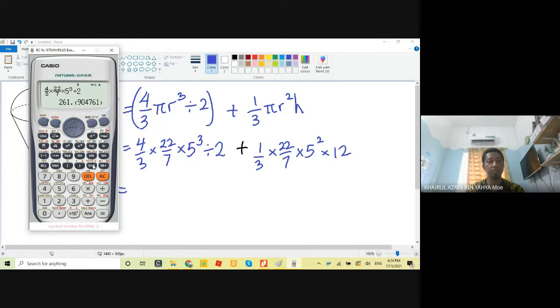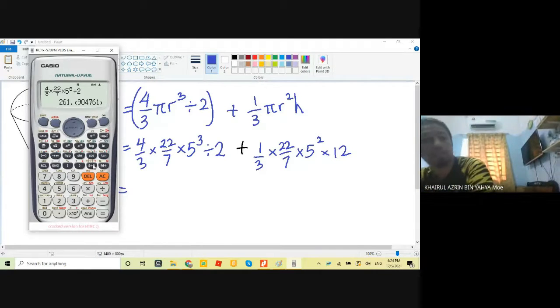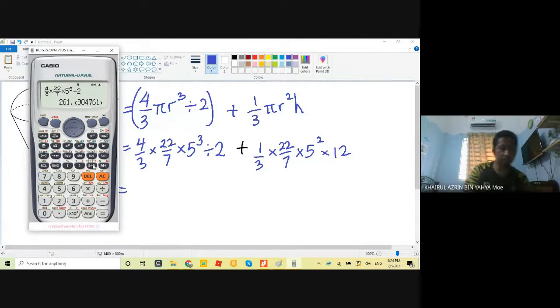Wait, let me check with my calculator first. This calculator shows 261.904761. Let me try using my calculator. You also can try if you want.